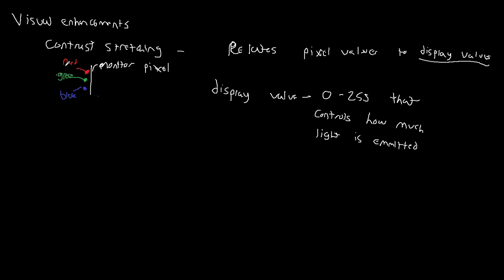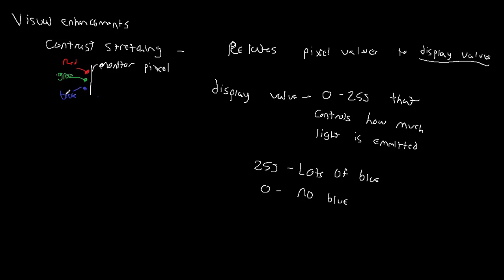In the back of your monitor pixel, there's a little red, a little green, and a little blue diode. These diodes operate on 8 bits, so 0 to 255, that tell this diode how much blue light to emit. If it's 255, lots of blue. If it's 0, that means no blue.